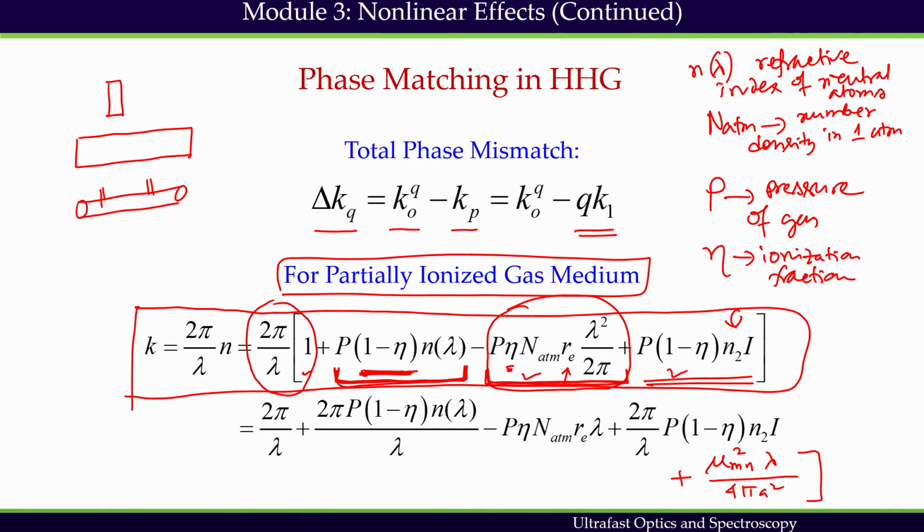If we don't use a waveguide, then we do not need this dispersion contribution. We can avoid that. So what does this waveguide contribution mean? Here a is the inner radius of the waveguide, and mu mn is the characteristic of the waveguide mode. For a gaseous medium, this equation is sufficient. However, we have to consider the waveguide contribution as well if we produce HHG in the waveguide.